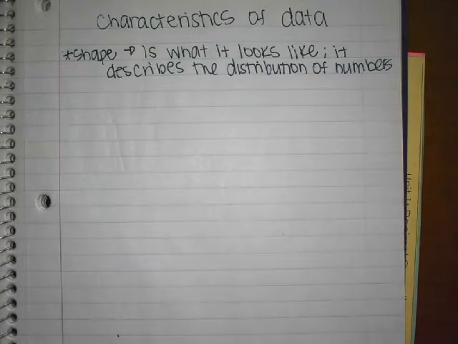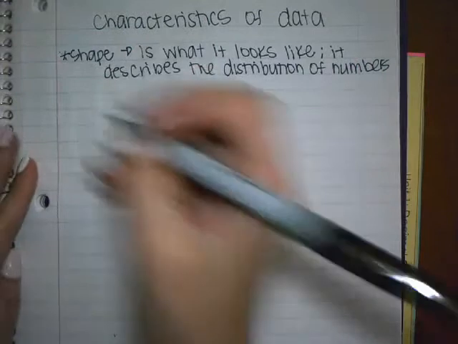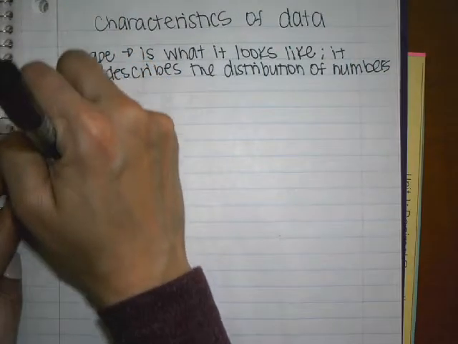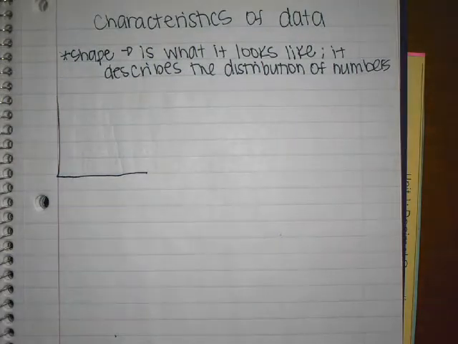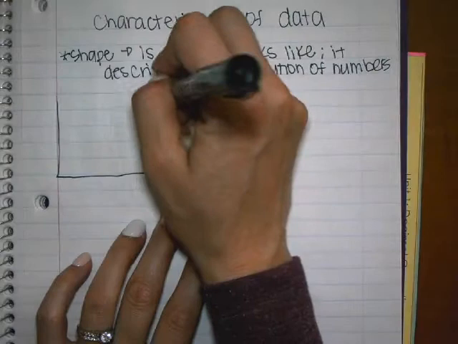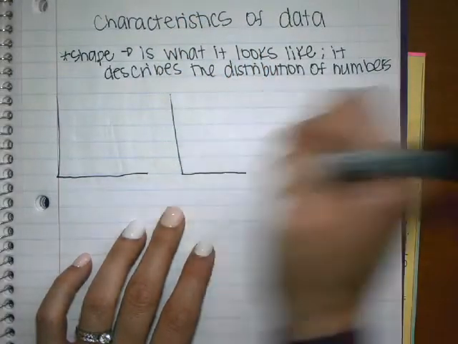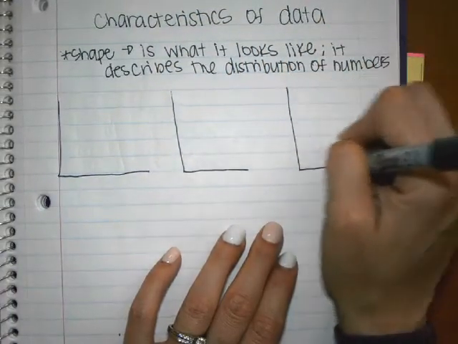Okay, so this is kind of what I was talking about. We're going to draw 3 different shapes, and we're going to draw them in histograms. It would work with line plots as well, okay? So we're going to draw 1, 2, and 3.